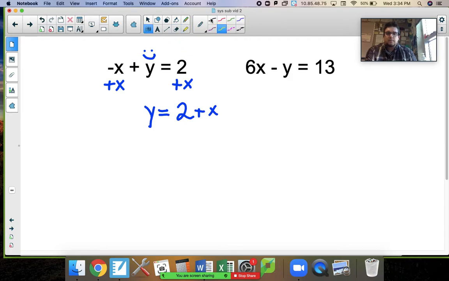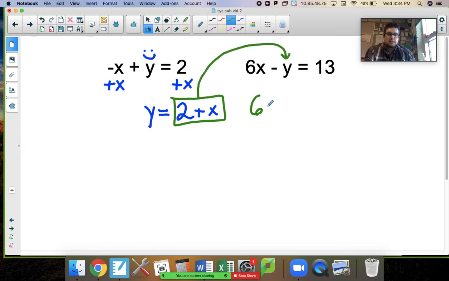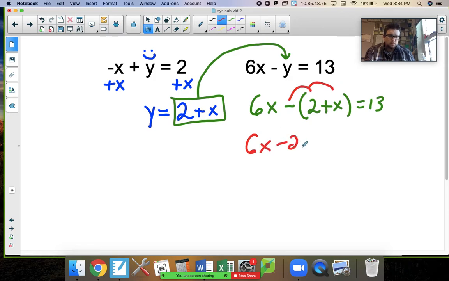All right. Now that we have a y equals, I can take what y is equal to, and I'm going to plug it in right here. So we get 6x minus, parentheses, 2 plus x equals 13. Distribute that negative, we get this. Combine my like terms, so the 6x and the negative x, I get 5x.